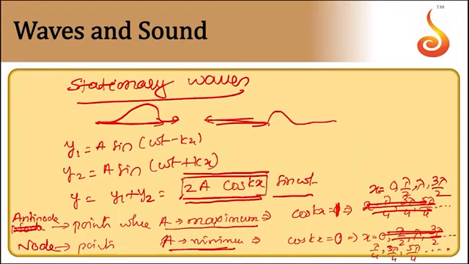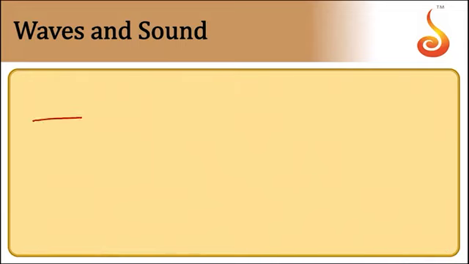Sorry for this error. So antinode corresponds to points where the amplitude is maximum, and that corresponds to cos kx is equal to 1 and x is equal to 0, lambda by 2, lambda, 3 lambda by 2 and so on. So these nodes and antinodes can be pictorially represented like this.